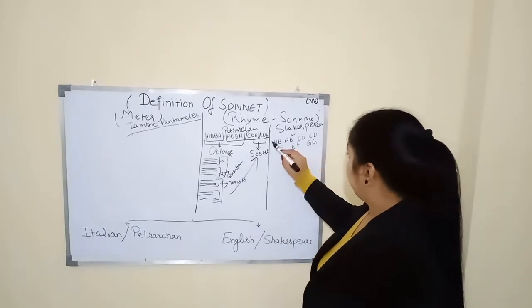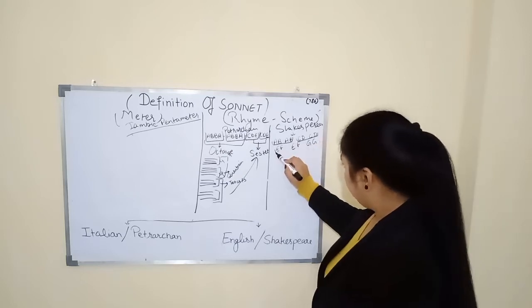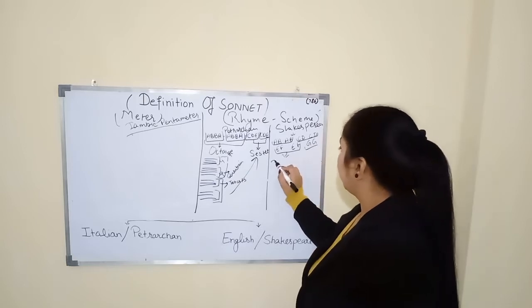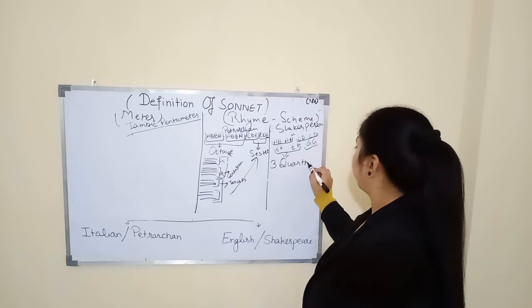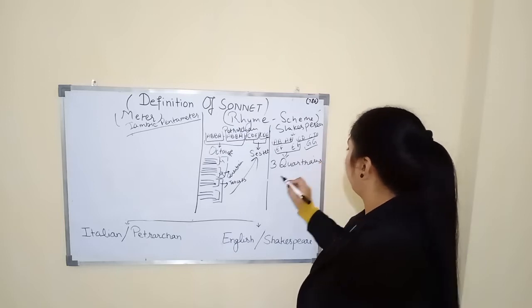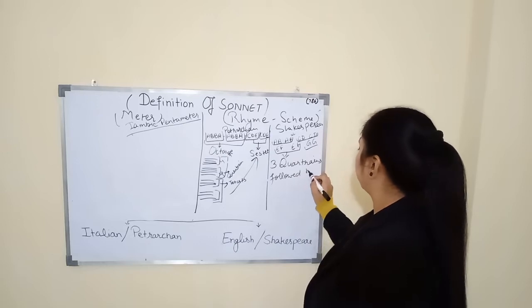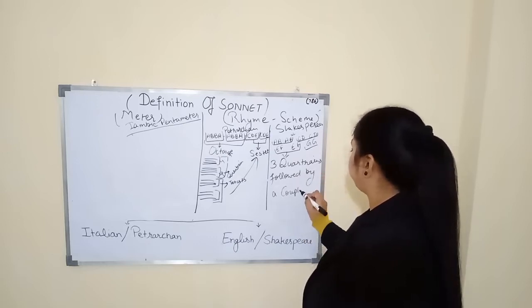So, A, B quatrain, C, D quatrain, E, F quatrain, and this one is couplet, which means 3 quatrains followed by a couplet.